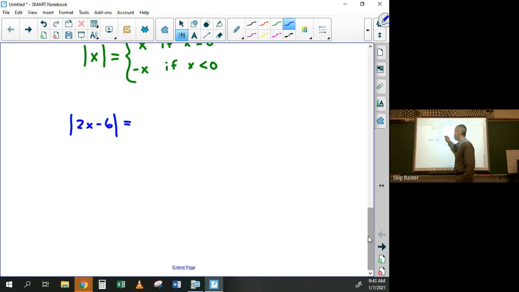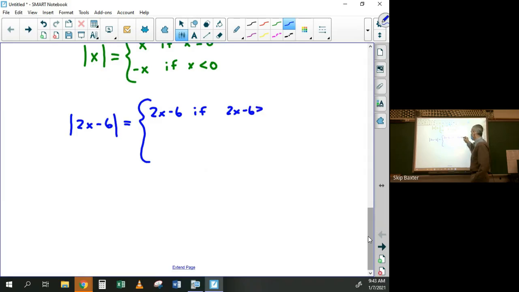Well, this is just going to be either 2x minus 6 if 2x minus 6 is greater than or equal to 0, and it's going to be the negative of that if 2x minus 6 is less than 0. And then you can take these linear inequalities here and just solve for x to make it a little simpler.